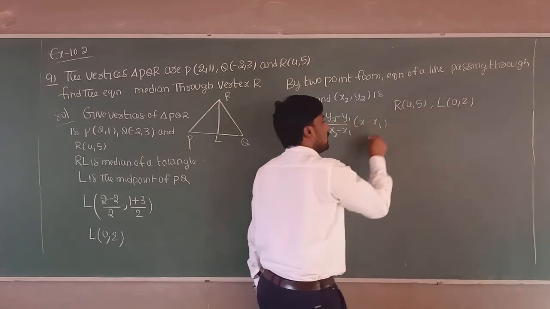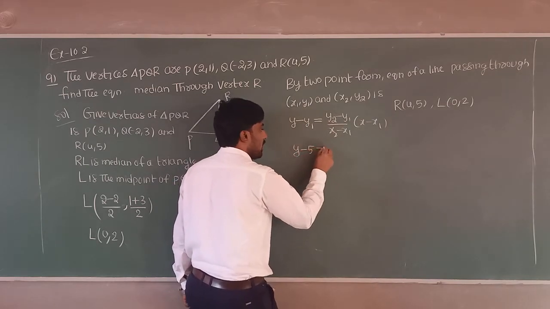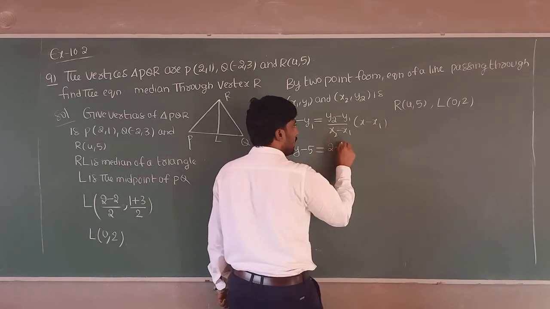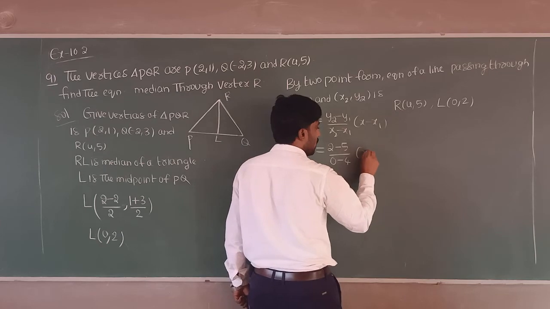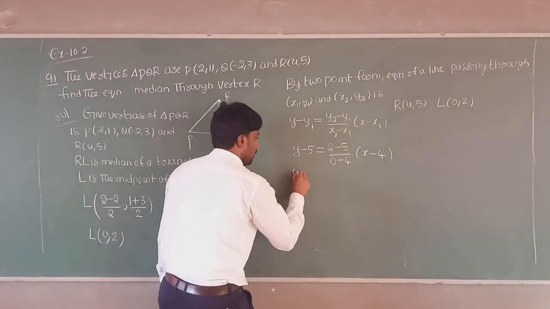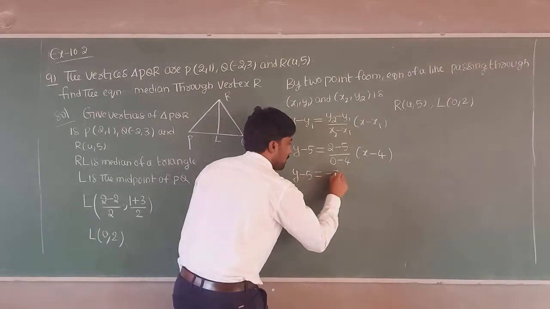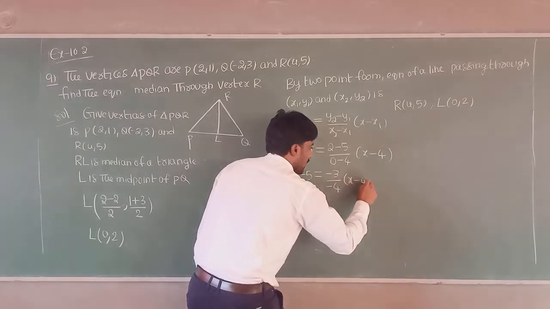So y minus y1. What is y1 here? 5. Y minus 5 equal to y2 minus y1, 2 minus 5, by x2 minus x1, into x minus x1. Now if I simplify this, y minus 5 equal to 2 minus 5 is minus 3 by minus 4 into x minus 4.